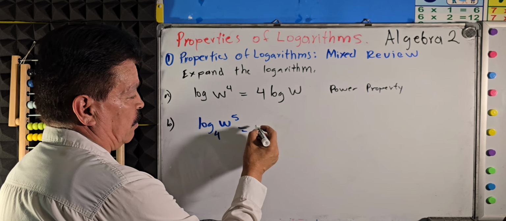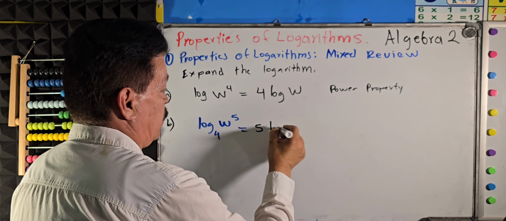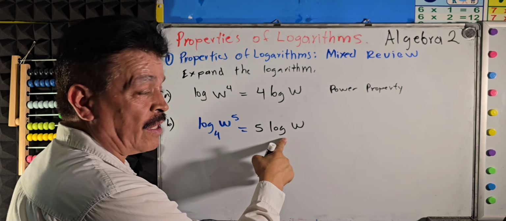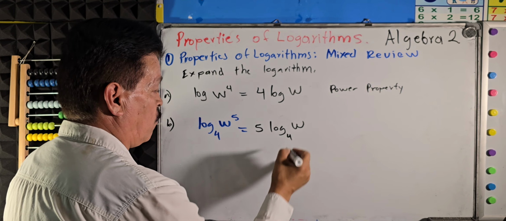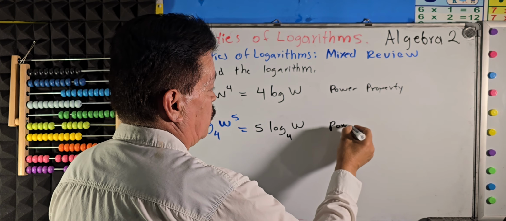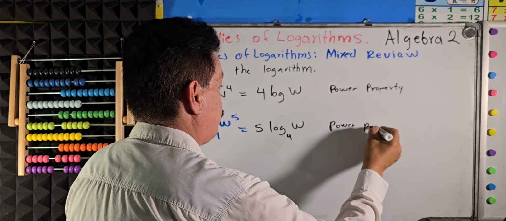Since we have the power here, we have to write 5 log w. What is the base of the log? It is base 4. So here is also the power property, right?